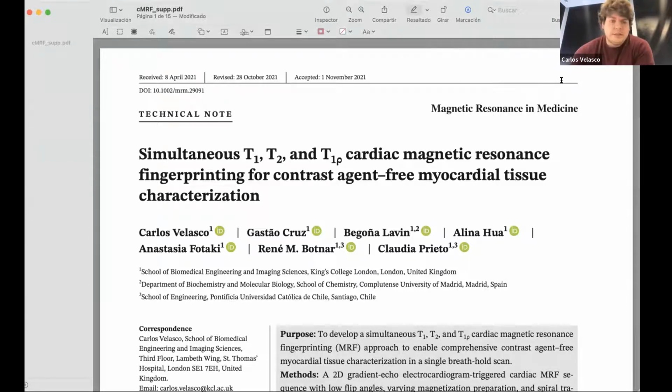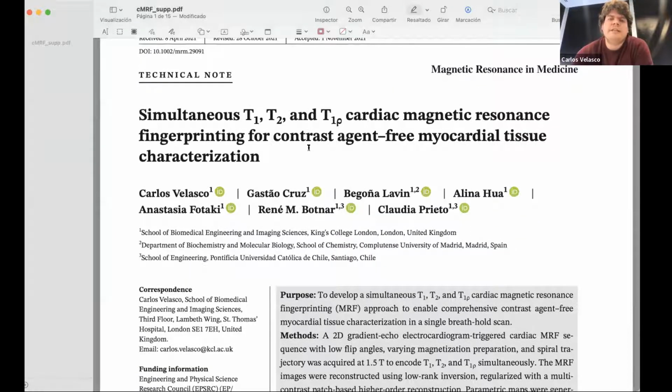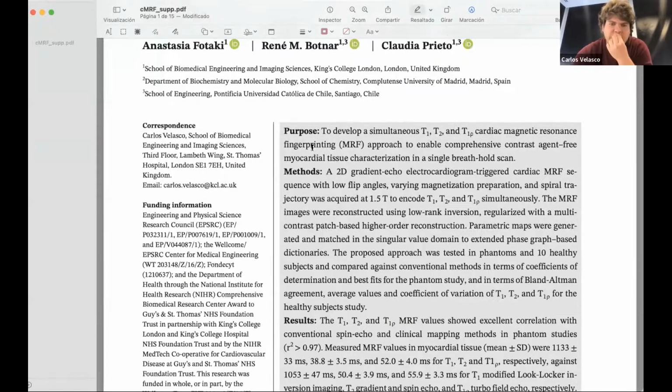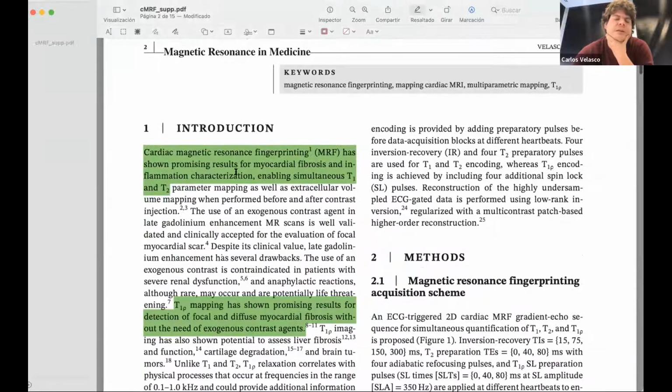So as you said, this is Simultaneous T1, T2, and T1 rho cardiac MRF for contrast agent-free tissue characterization. The reasoning behind this is that we and other groups have already done very nice papers on T1 and T2 cardiac magnetic resonance fingerprinting, and also extracellular volume and even other work on fat fraction.